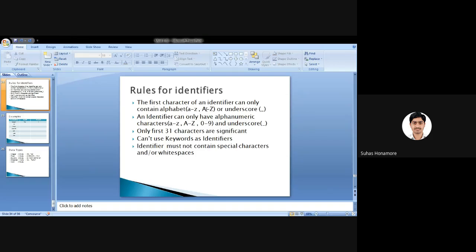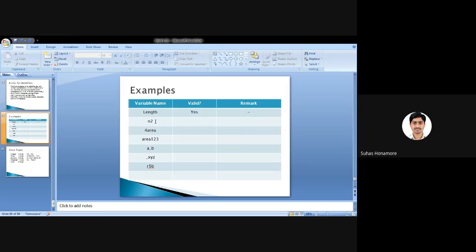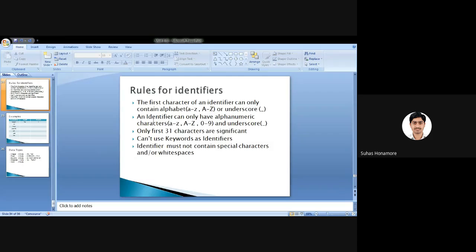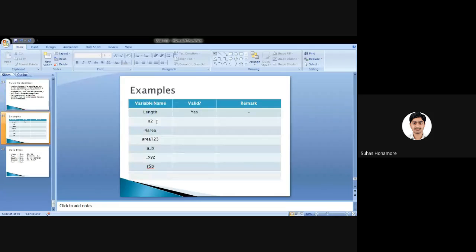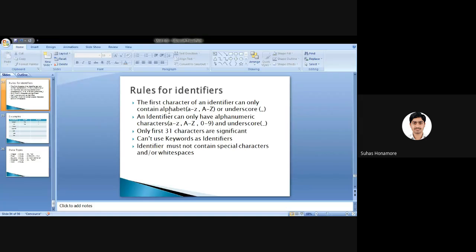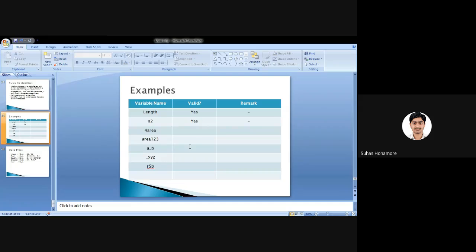It's an alphabet, small letter n. Then the second rule says it can have digits also, so it can have a digit. Maximum length is only 2 here. So it's valid. We are not violating any rule here. So this is also valid.